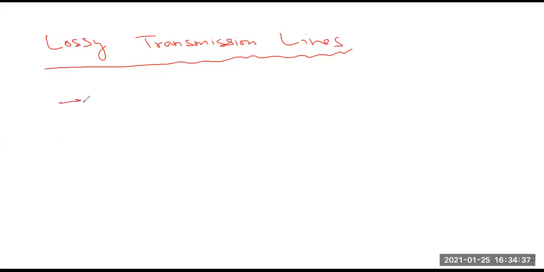So what I'm saying is, in practice, transmission lines have losses. And why do they have losses? Because the conductor and dielectric that are used to design or manufacture the transmission line all have finite conductivity.